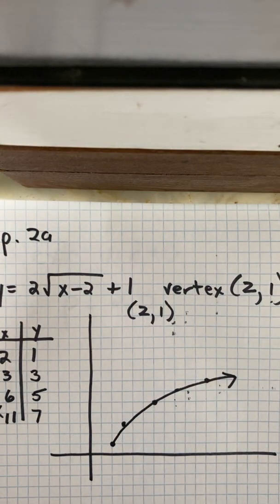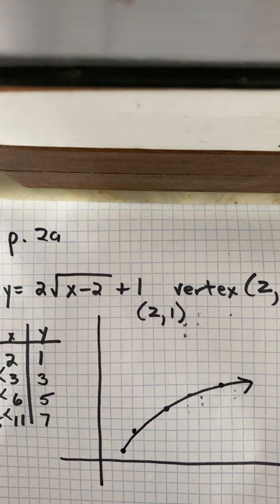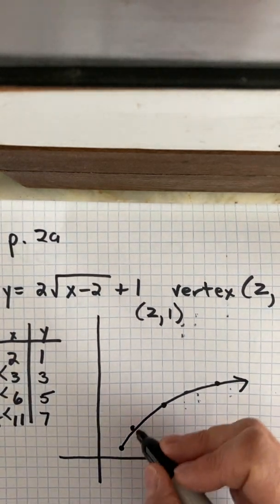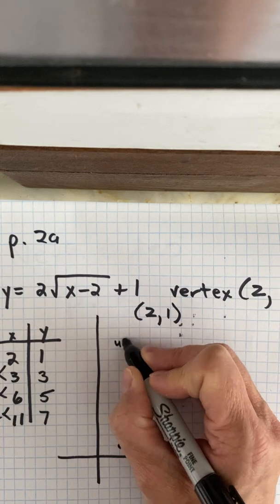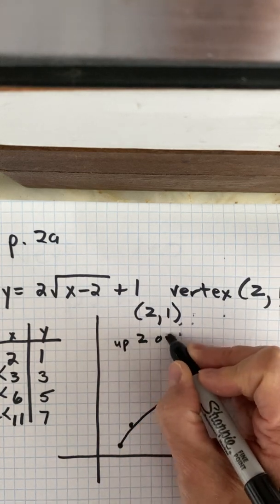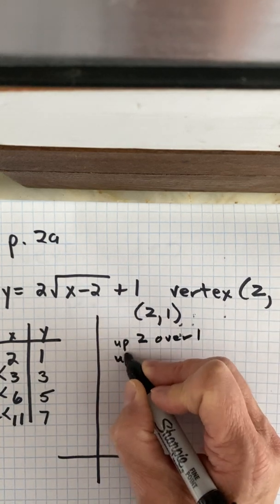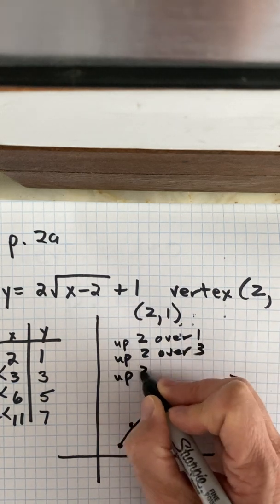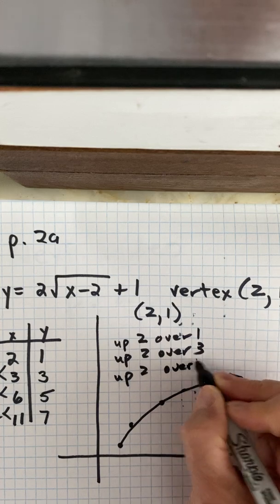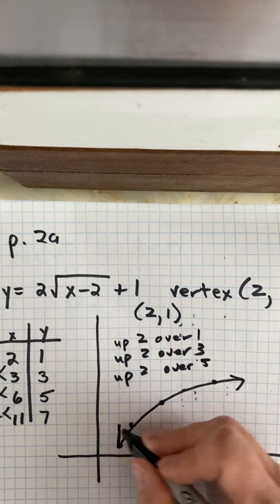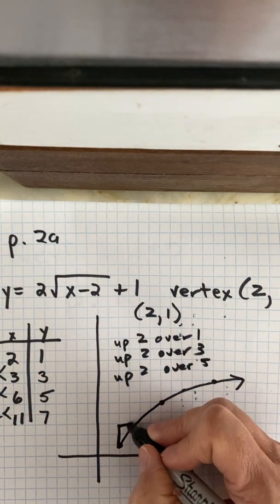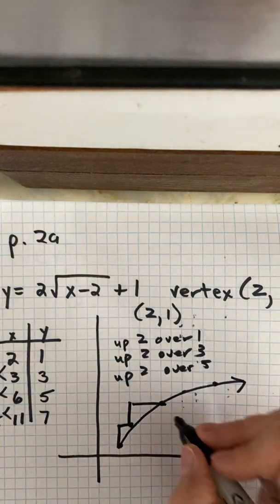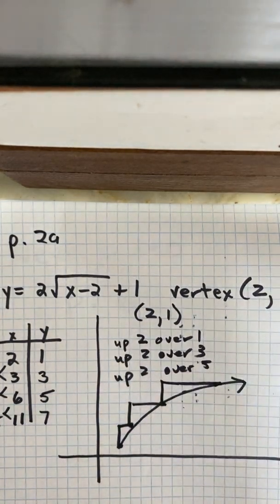But let's see if the shortcut method works. So, shortcut method says I go up A, which is 2, over 1. Up A, which is 2, over 3. Up A, which is 2, over 5. So I go up 2, over 1, worked. Up 2, over 3, it worked. Up 2, over 5, and it worked.